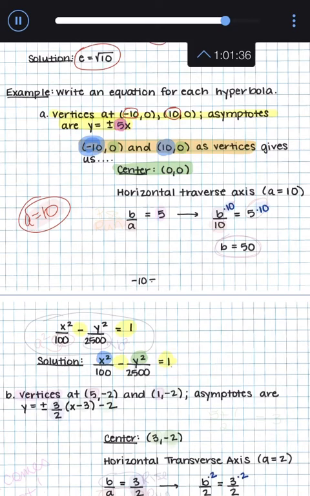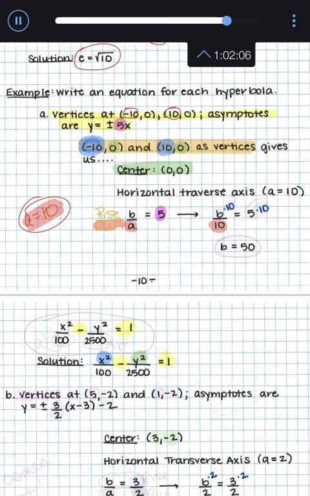Remember, that's going to be our rise over run. So let's say that 5 is rise over run. By saying our a is 10, that's your x values. Well, x values are left and right, that's a run. So that means that a of 10 is actually your run.